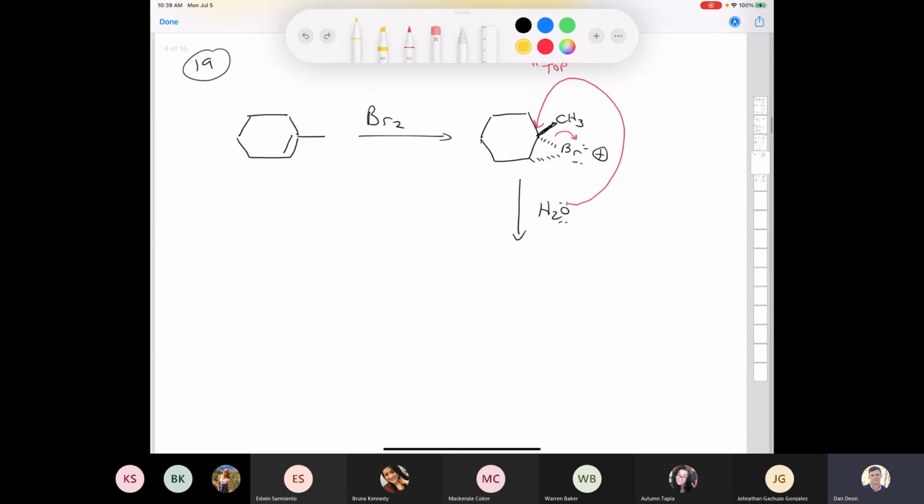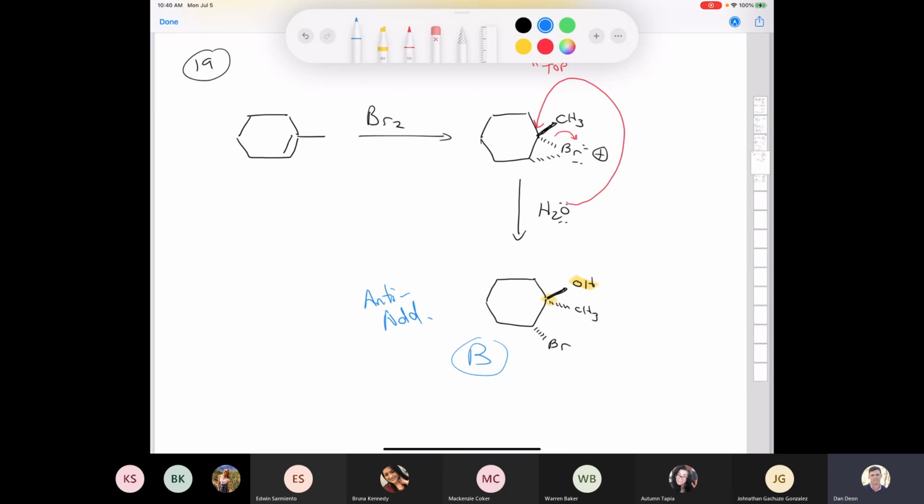And so what we end up with is a 6-membered ring, okay, where we would have the methyl group going down on this carbon. We'd have the hydroxyl group pointing up, and you'd have the bromine going down. So again, the hydroxyl ends up on the most substituted carbon, and it's also anti-addition. So this is answer B.